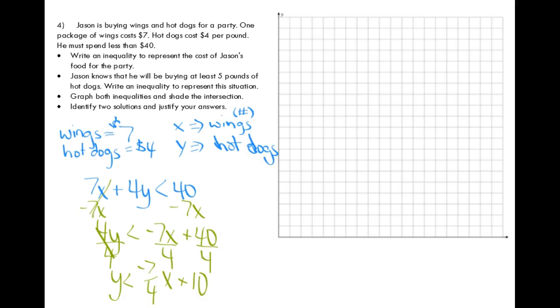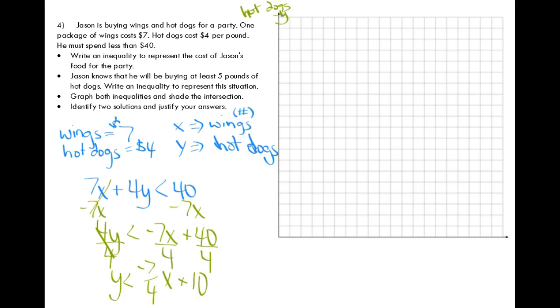So we need to start at 10, and then it goes down from there, as I have a negative slope. Since this is going to be my y, this is going to represent the hot dogs on the left side.